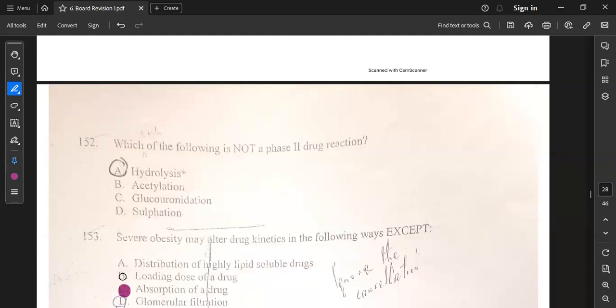I'm wondering, yes. You see, all the other cases that we are dealing with have something to do with the body in itself, but the loading dose is the only one which is just the same.